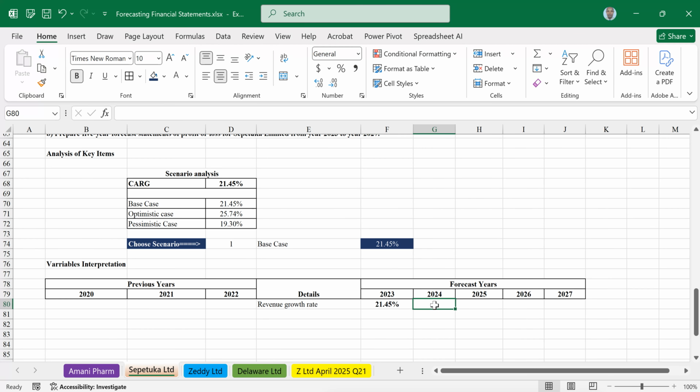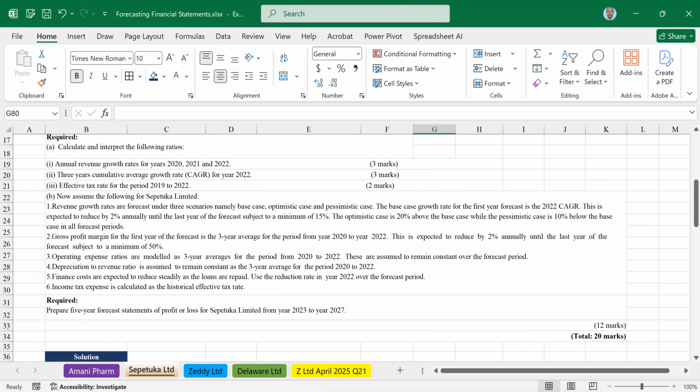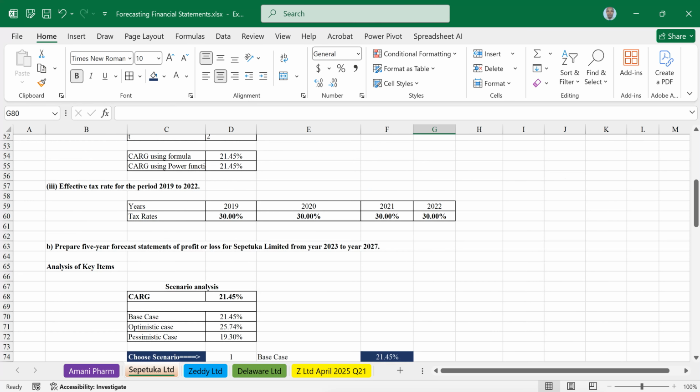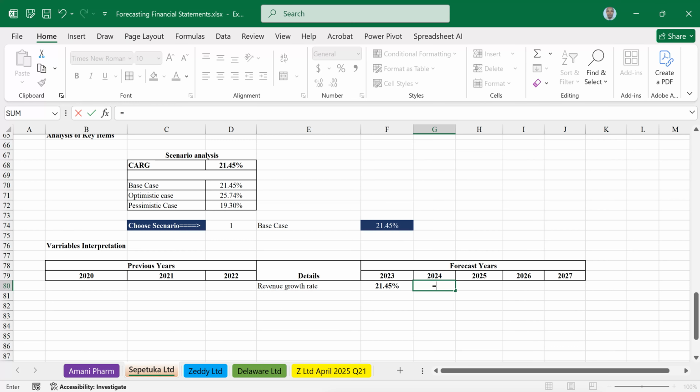Now they said, if you go through the statement, this is expected to reduce annually until the last year of forecast, subject to a minimum of 15%. So it will reduce by 2% annually, but it should not go beyond 15%. So 2024 will be equal sign mean.